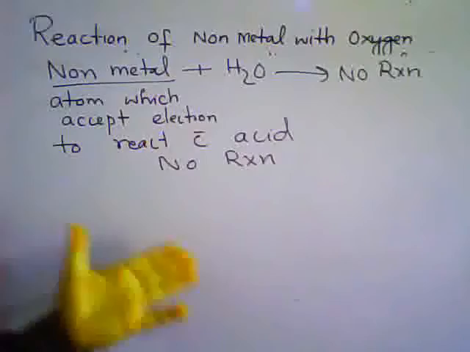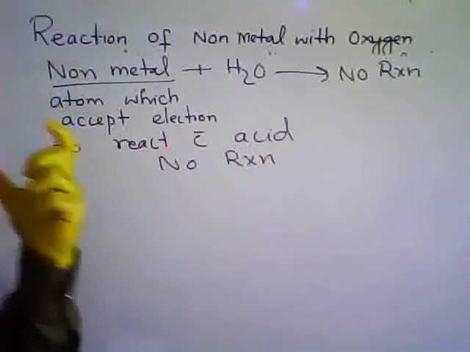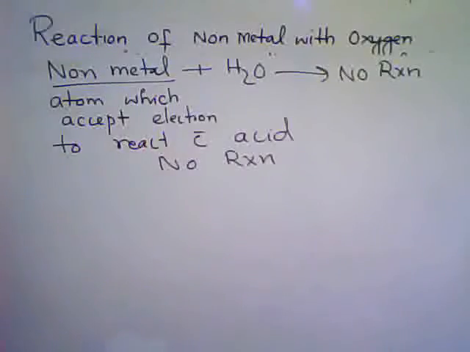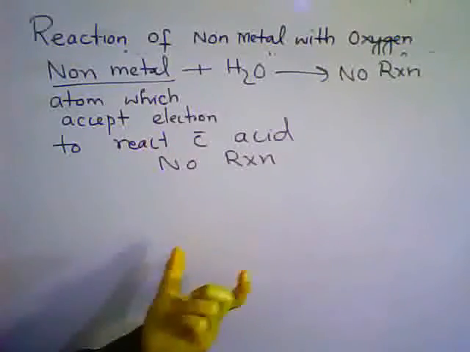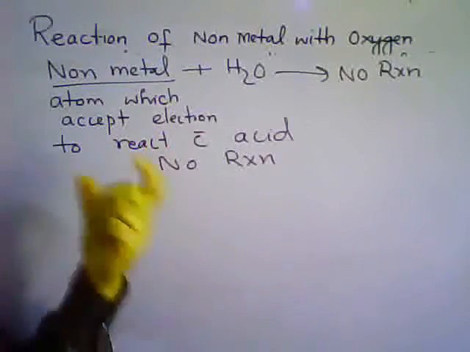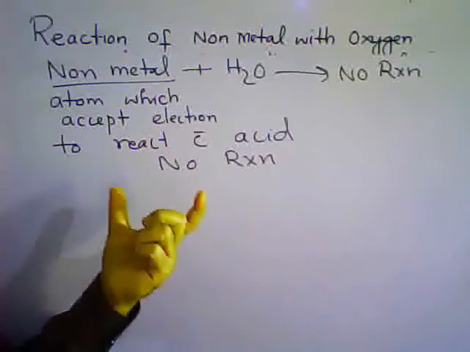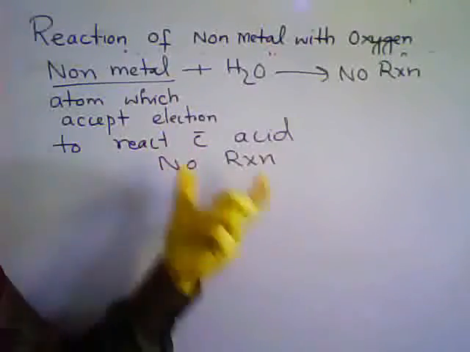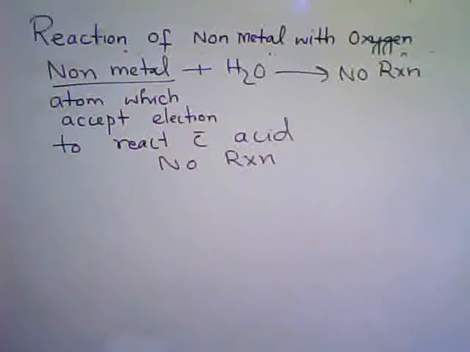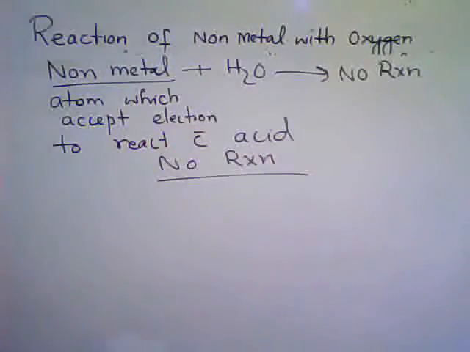So the acid will not be broken, because acid always donates hydrogen ions. When it donates a hydrogen ion, this ion will accept an electron to form hydrogen gas. Because the non-metal is not donating an electron, the hydrogen ion will not be reduced to hydrogen gas. That is, there will be no reaction. So thank you.